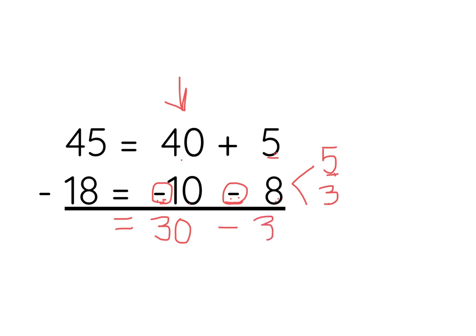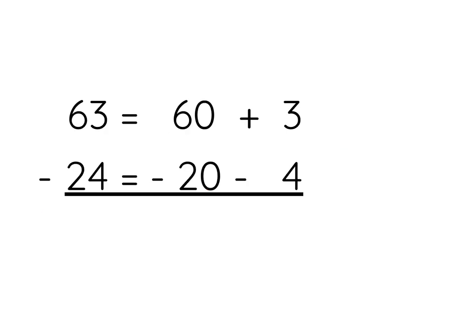So it'll be 30 subtract 3. Now, we have been practicing our partners all year, so it should be pretty easy for you to think that 30 minus 3 will give you 27. Great job. Let's try another one.